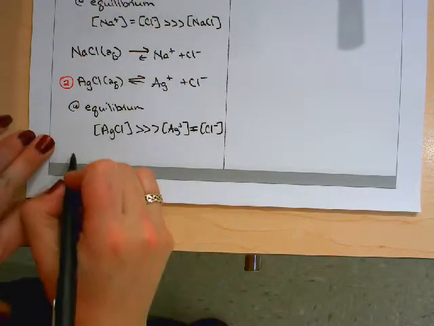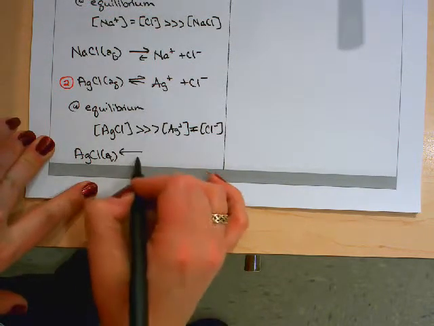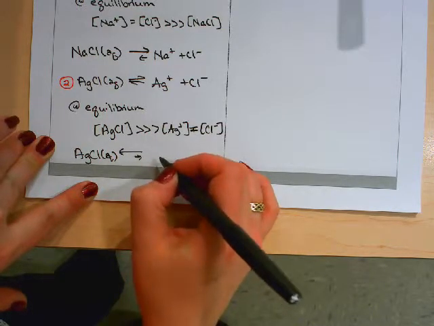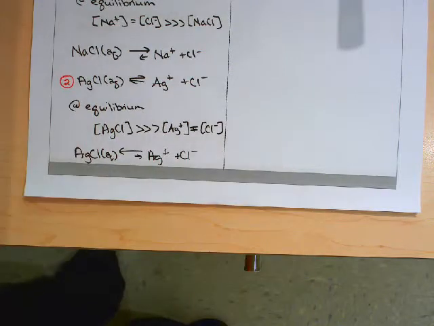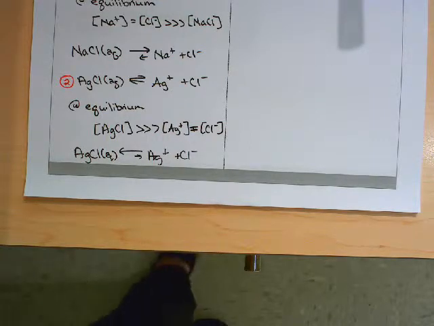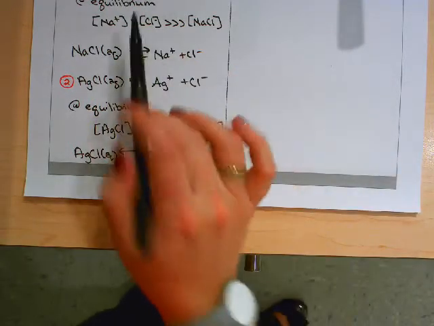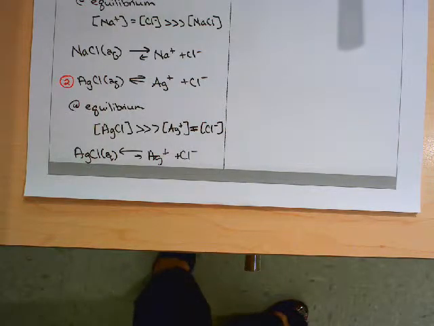Back towards reactants, yeah? Alright, so that's just based on stuff you know. Talking about equilibrium, try and get you thinking like equilibrium is really going back and forth, but there's a predominant direction it's going to want to go, so you end up with more of one thing than the other.